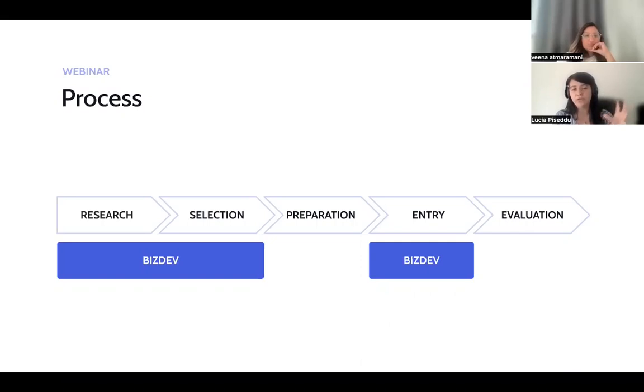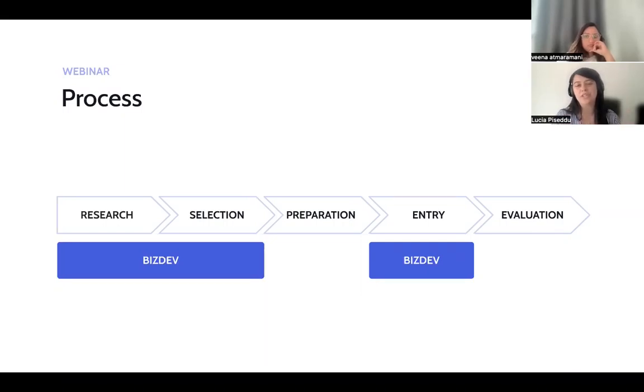But of course, you can be involved in the first stages, so really the research phase and the selection phase of this new market, and then with the entry, meaning you're going to be the first one to go to market, talk to people, explore a little bit, and then see how things go, evaluate the market entry, and see if it's efficient.